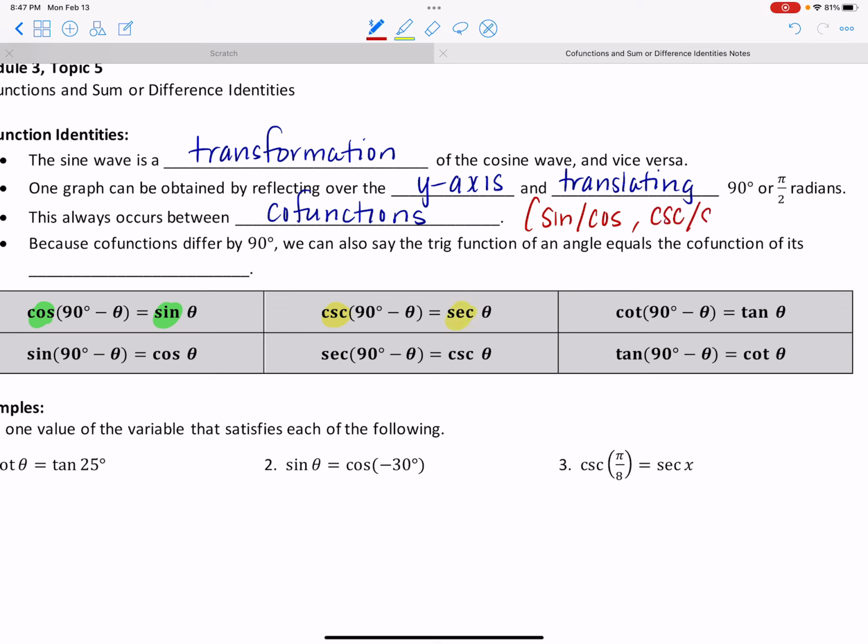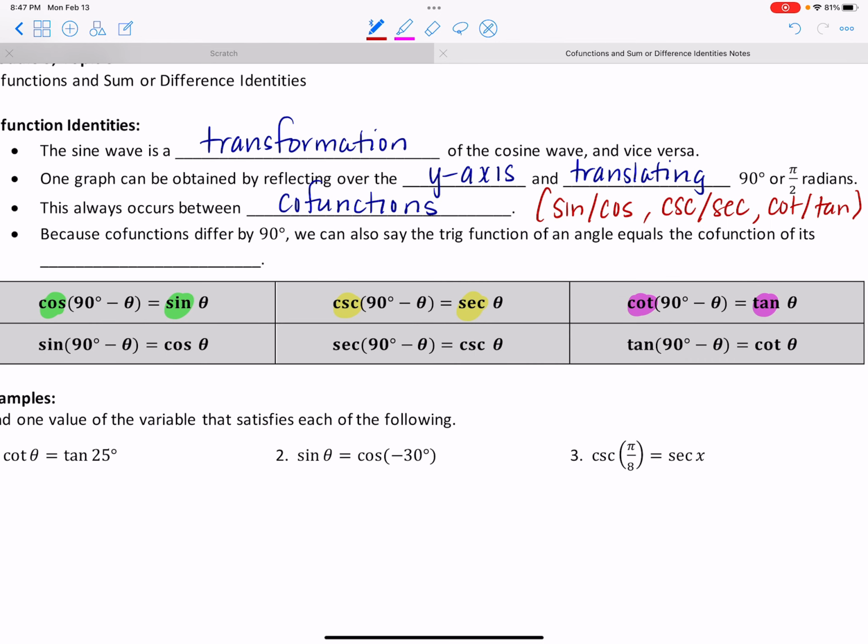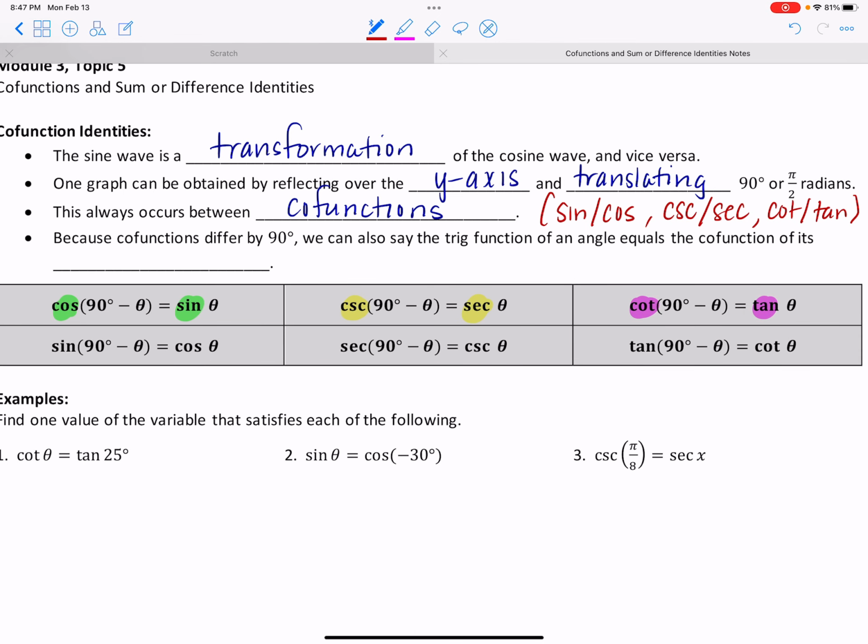They're the same transformations. And then finally, cotangent and tangent, those are going to be cofunctions of one another. By graphically reflecting over the y-axis and translating pi over 2 radians, we can get one of those functions to map exactly onto the other.